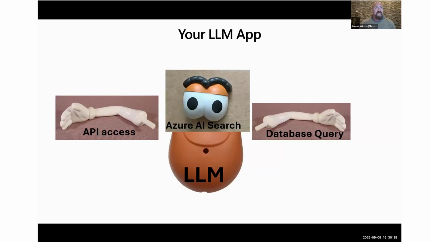Azure AI Search is our tool for taking large amounts of data and vectorizing it and indexing it, without getting into too much of what those specific terminologies are. What if we gave the LLM the ability to rapidly search across not just the data it was trained on, and not just going out to the internet, but our own corpus of documents or data that it can search across on a whim?